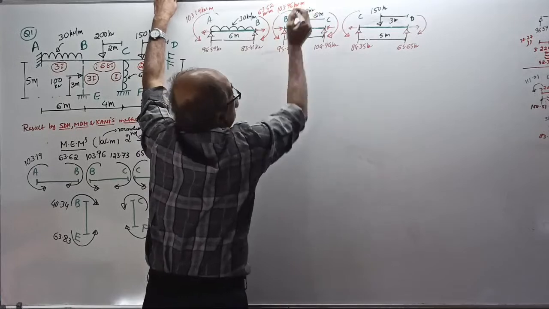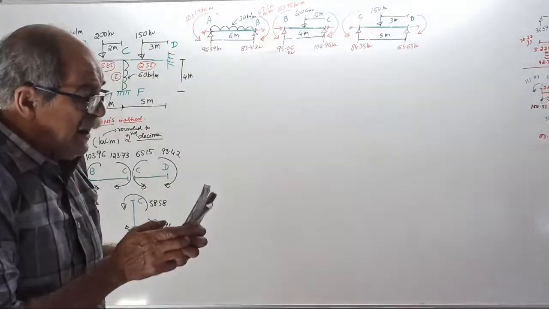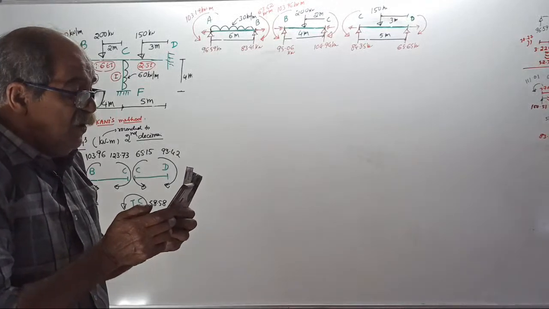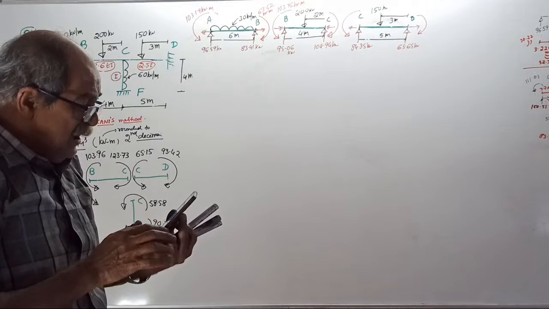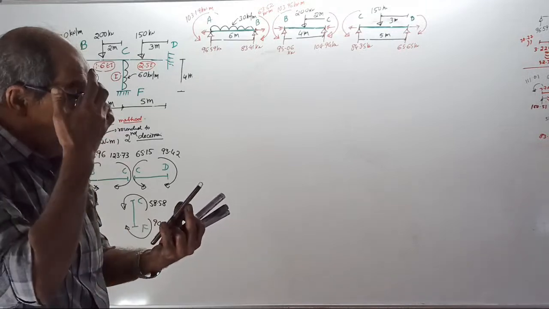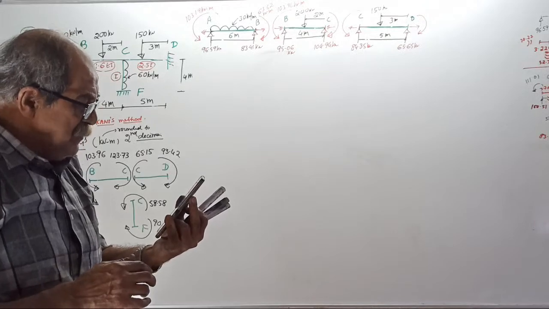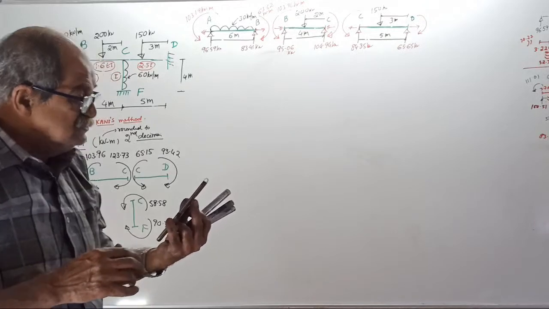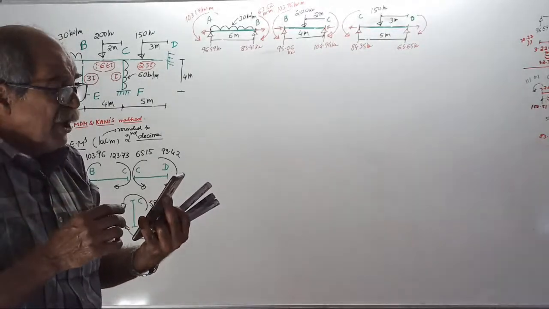Is the board fully visible? Tell me. Or shall I put the camera down? Is the value of the moments fully visible for you? Later you will tell, sir, not visible.